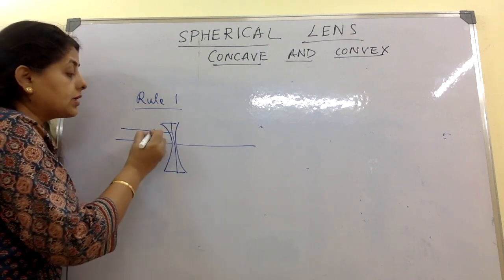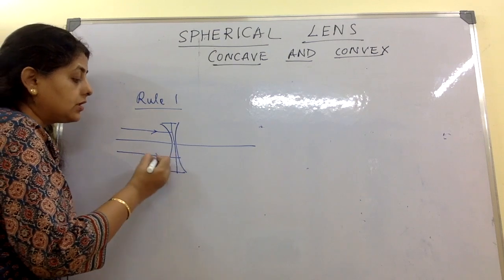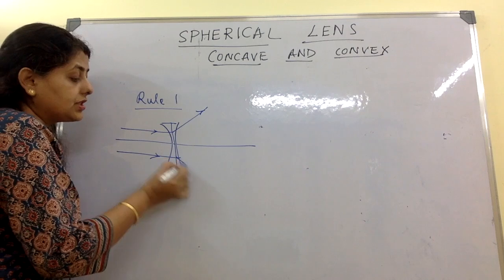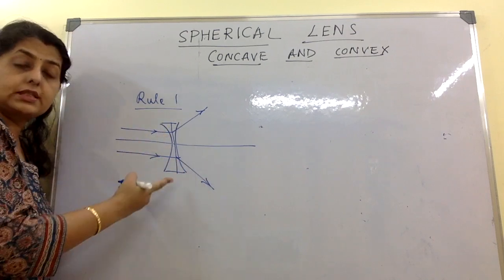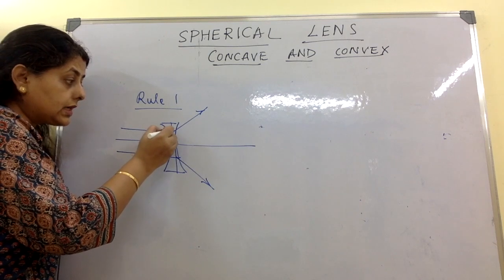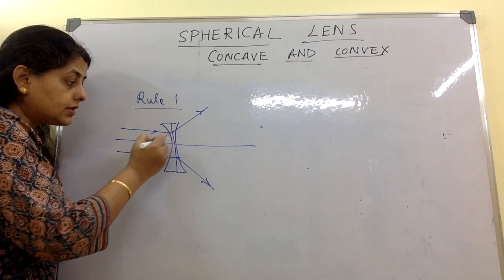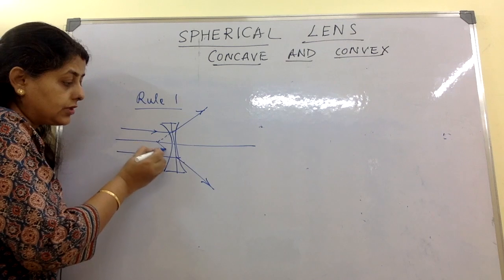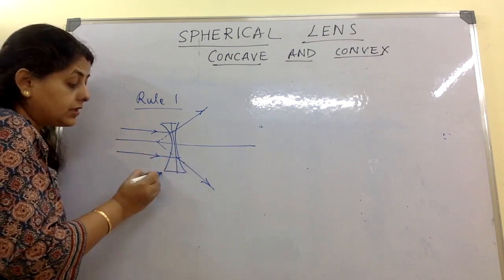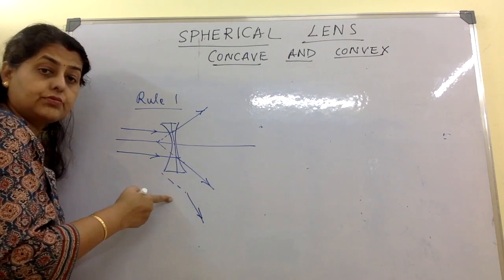If rays are coming from infinity, that means they are parallel to each other, then they will diverge. This is called a diverging lens for this reason, because rays diverge. And if you hold a scale and extend this line also backwards, this has to be in a straight line. Students often make a mistake, drawing a dotted line and then a ray like this, which is wrong.